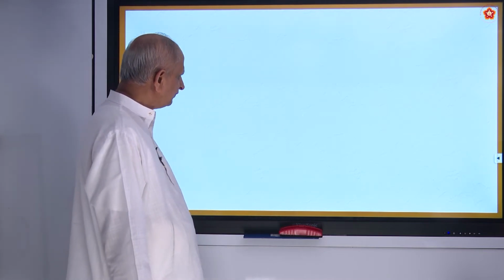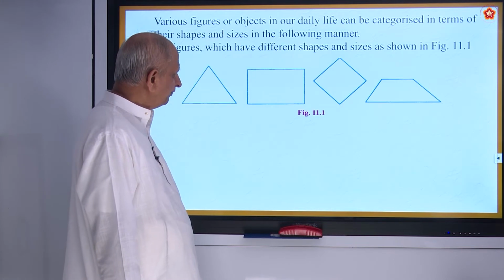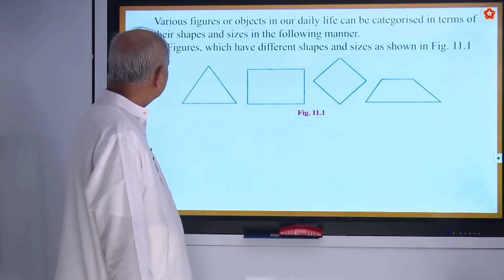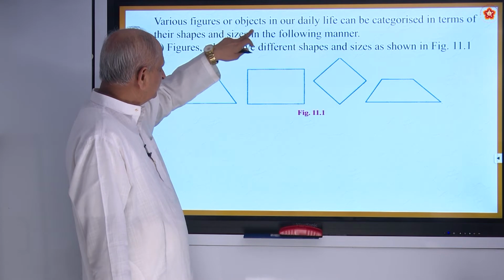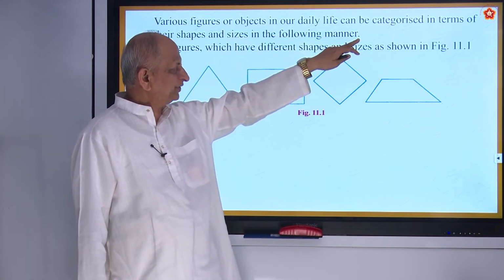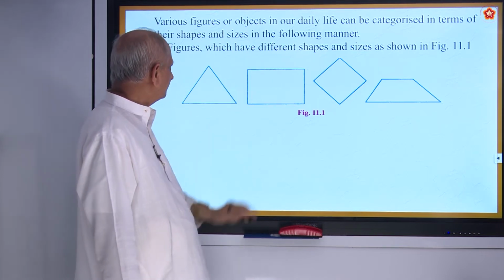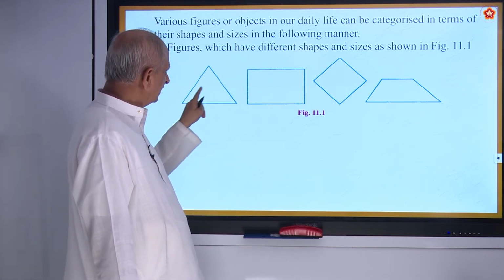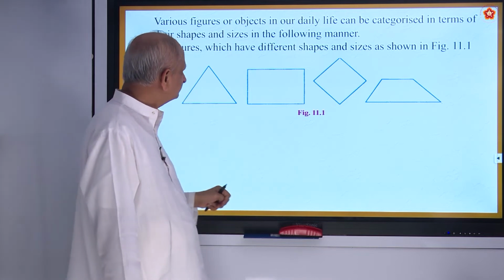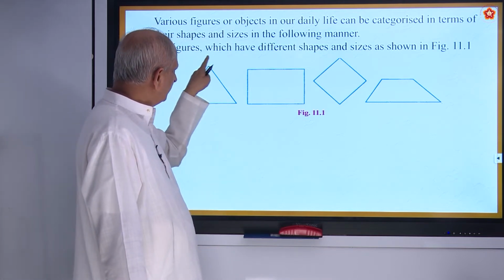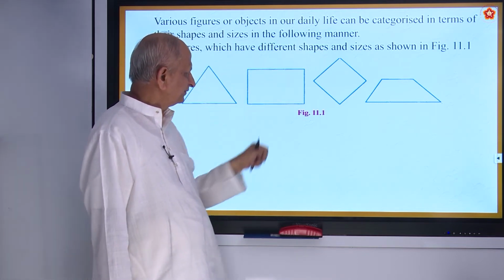Okay. Now we shall see some pictures of them. Various figures or objects in our daily life can be categorized in terms of their shapes and sizes in the following manner. So here are some figures. Here are different shapes and sizes. This one.